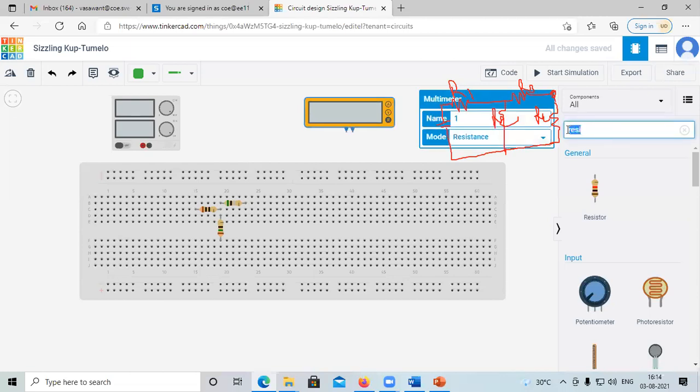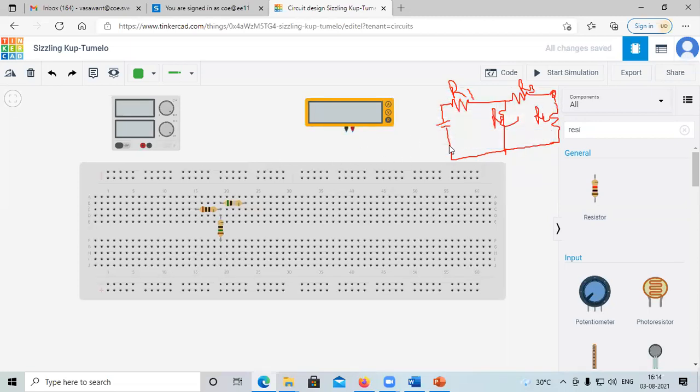Just search for multimeter and drag it, and it will come here in the window. Now select the quantity you want to measure. From this multimeter we can measure ampere, that is current, voltage as well as resistance. We can measure all three quantities. Now see the connection according to our circuit diagram.